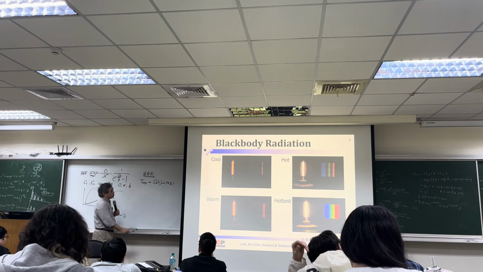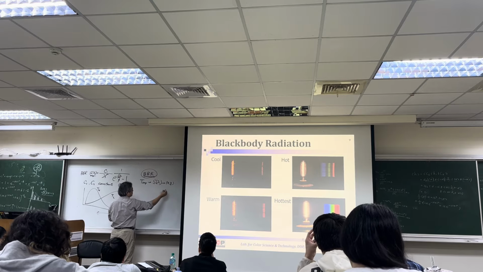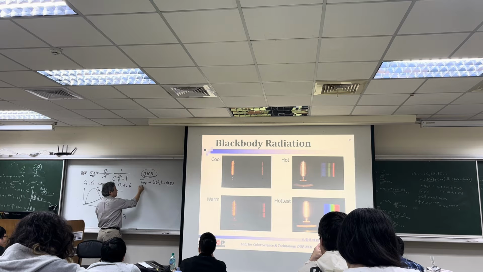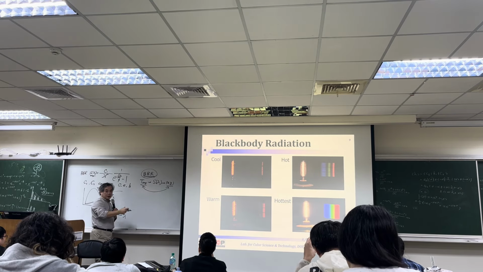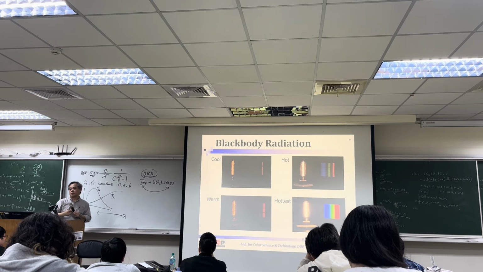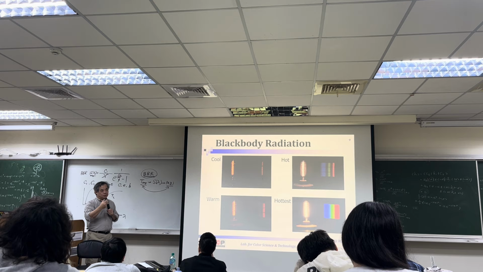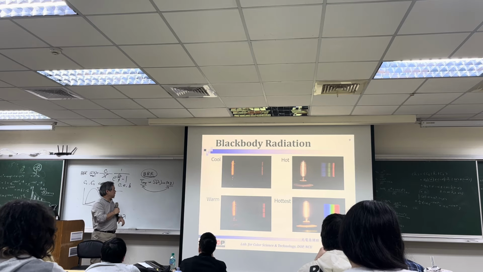So right now you can see that, based on black body radiation, we have a connection between the chromaticity quantity and the thermal quantity. We have a very tight connection, right? So why do we say it is yellow light at 3000 K?